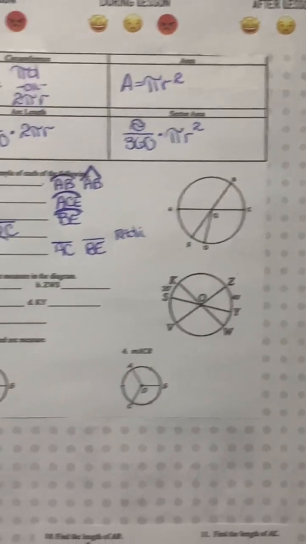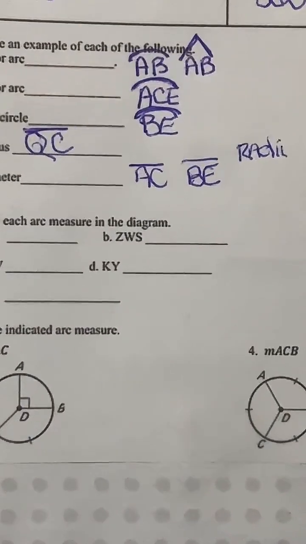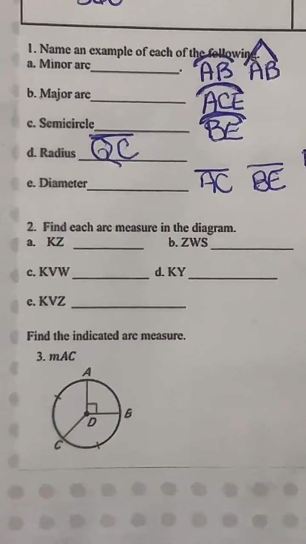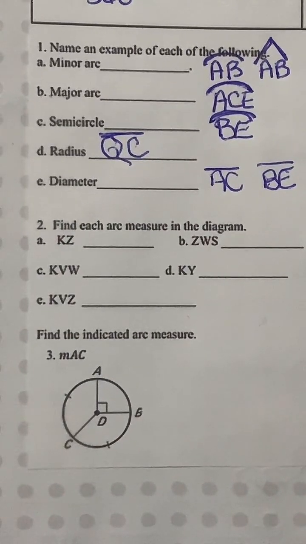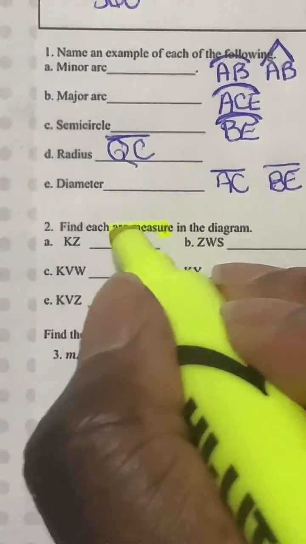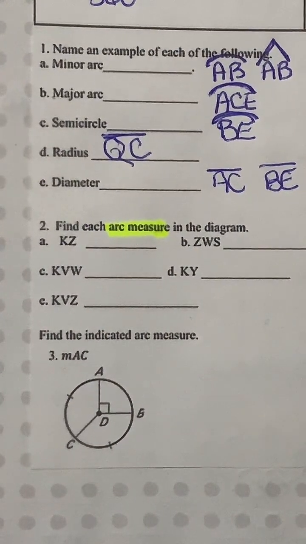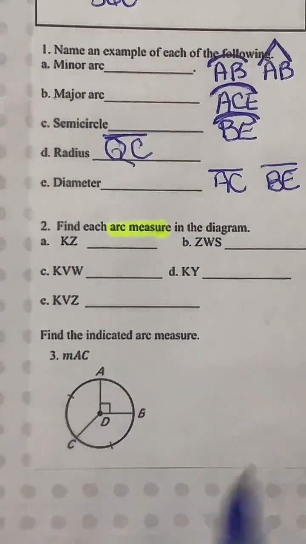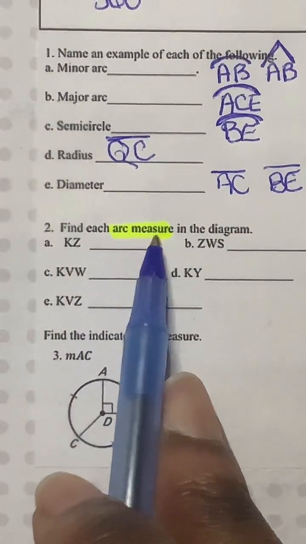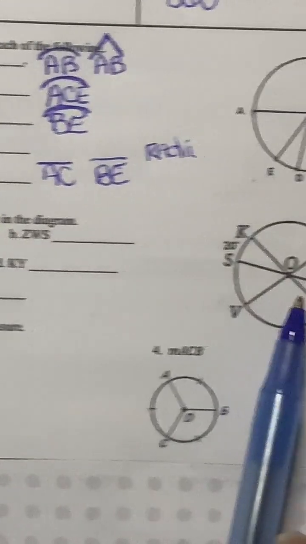This is the next part that I really wanted to emphasize. Let me zoom in. Here we go. I really want to emphasize what's called arc measure. A lot of people get arc measure and arc length confused. That's the main reason why I'm here. When we're looking at arc measure, we are looking at the central angle.